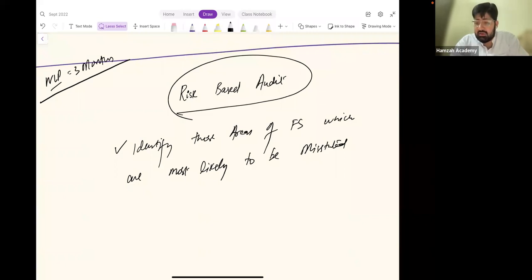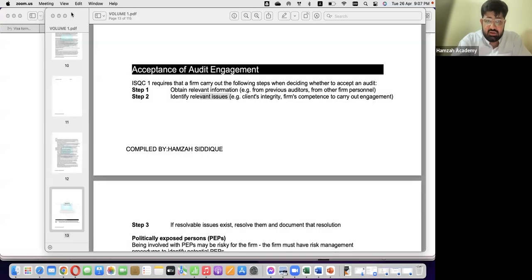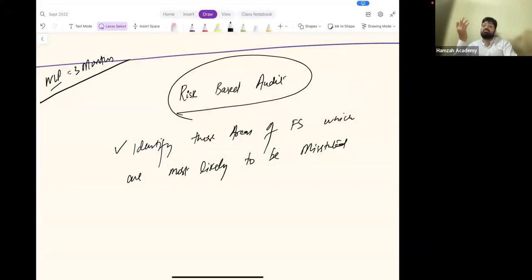Now tell me, being a logical person, immediately it will come to your mind that the work in progress may not have been valued correctly. Immediately, this area.